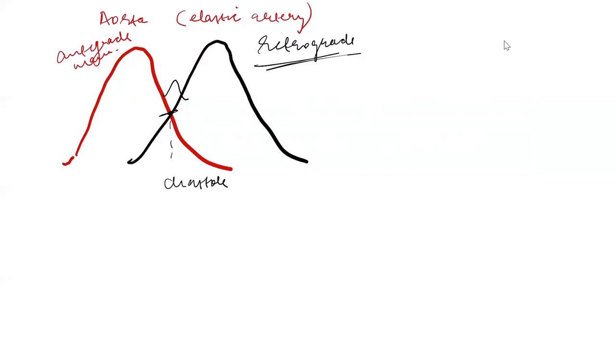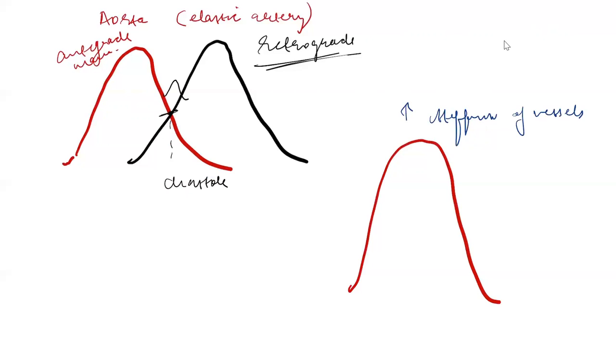Now in the elderly population, in which there is increased stiffness of the vessels, the curve looks like this. We have the antegrade wave similar to the previous one, but the retrograde wave, which is due to the recoil, comes early because of the stiffened vessel.